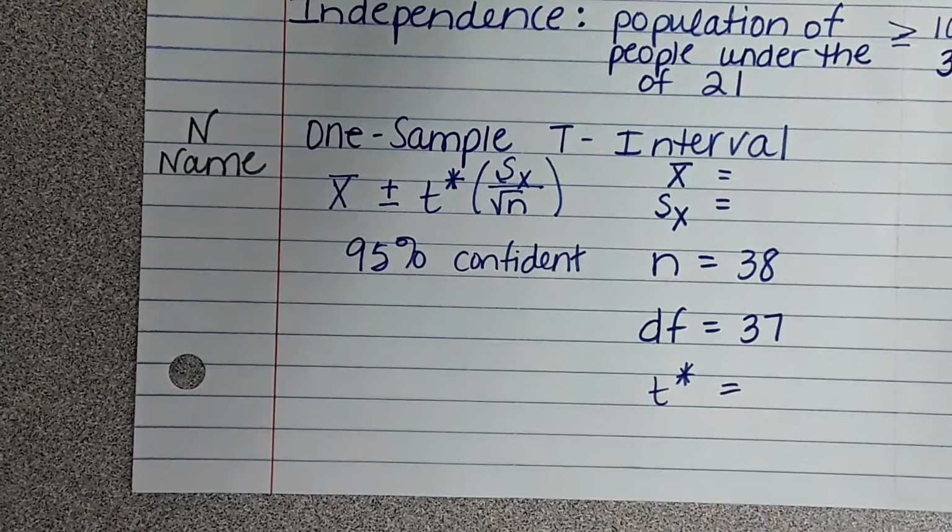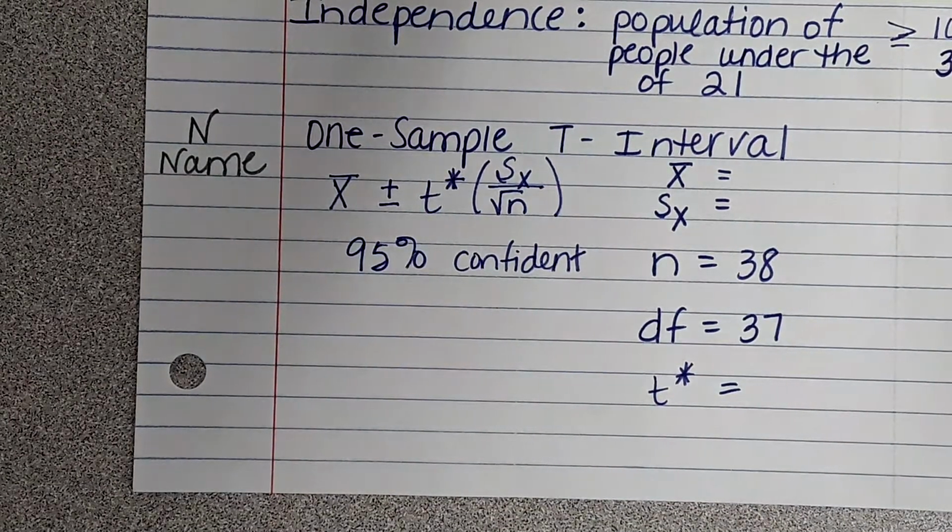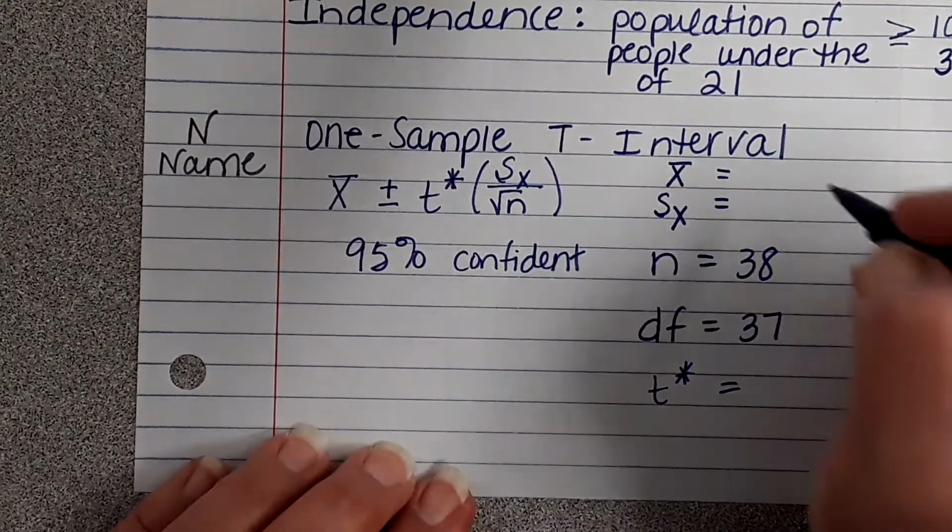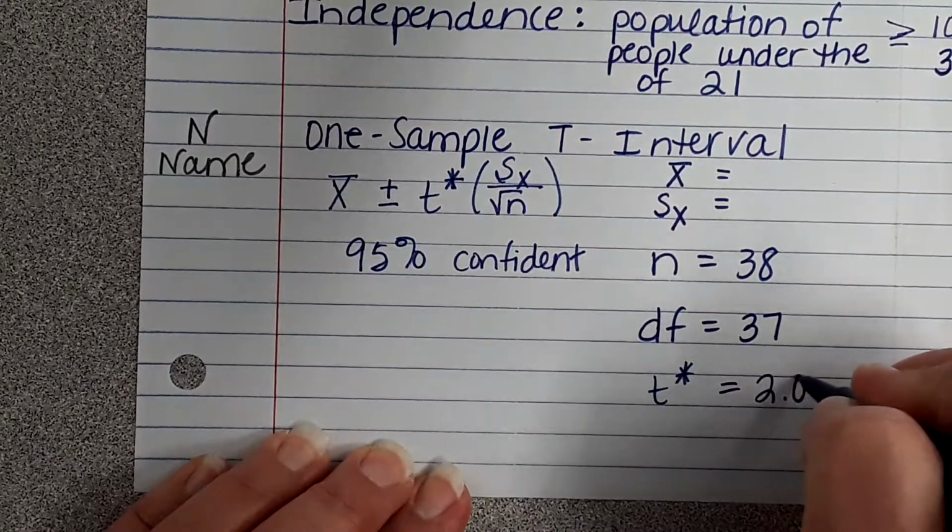So we're going to go to 95 and 37, but they don't give us 37, do they? We're going to go down 1. We're going to use 30, so we're going to use 2.042.